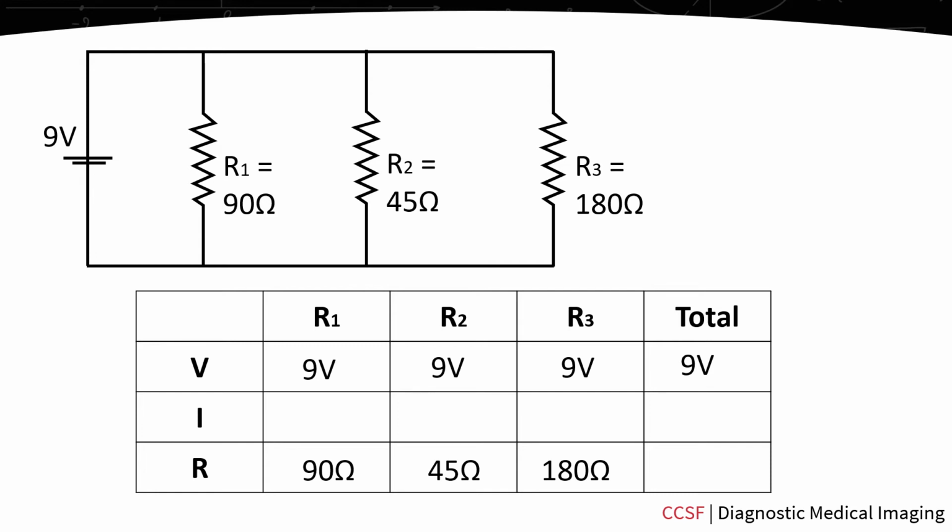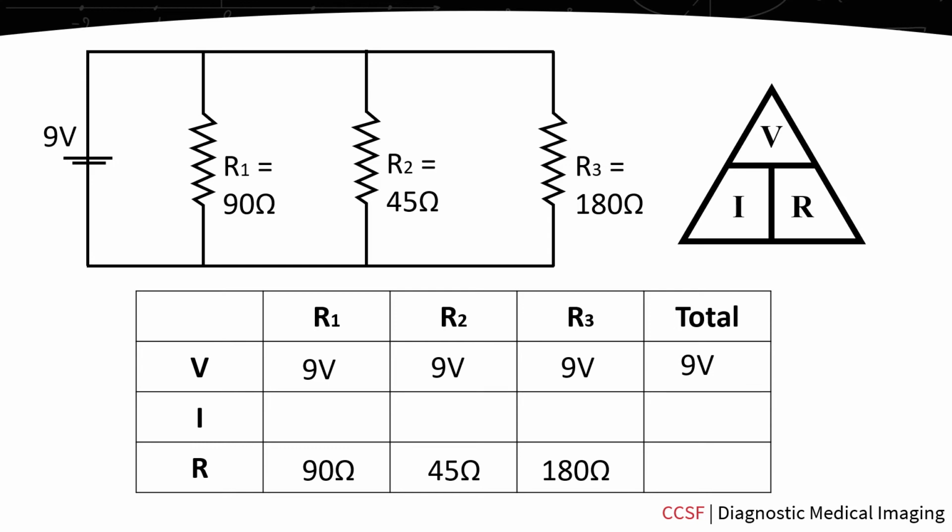From this point, you have one of two options. You can either calculate resistance total, or you can calculate the current as it passes through each separate resistor. Let's calculate the current as it passes through each separate resistor. Using our Ohm's law triangle, we can get this value. So starting with the column R1, let's plug in those values into the triangle so we can get the current.